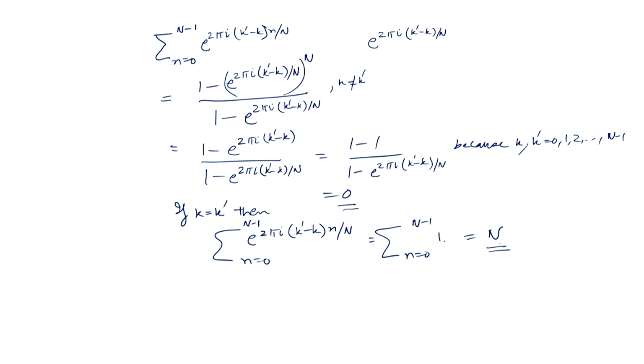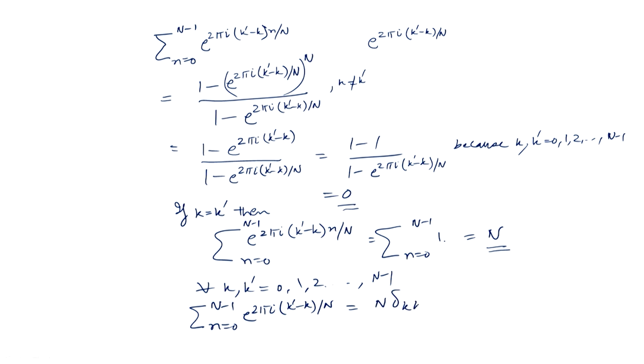So, we can combine both the cases. Okay. So, for all k, k dash varying from 0 up to n minus 1, we can say that sigma n equal to 0 to n minus 1 of e to the power 2 pi i (k dash minus k) n divided by n is equal to n times delta k k dash. Okay. Where delta k k dash is a Kronecker delta.